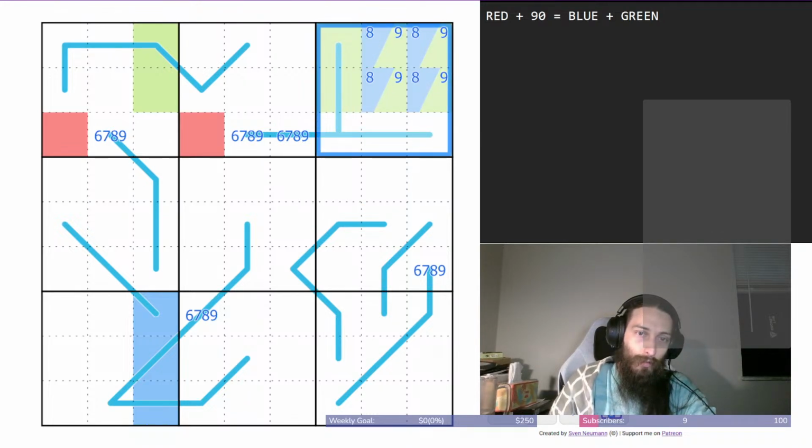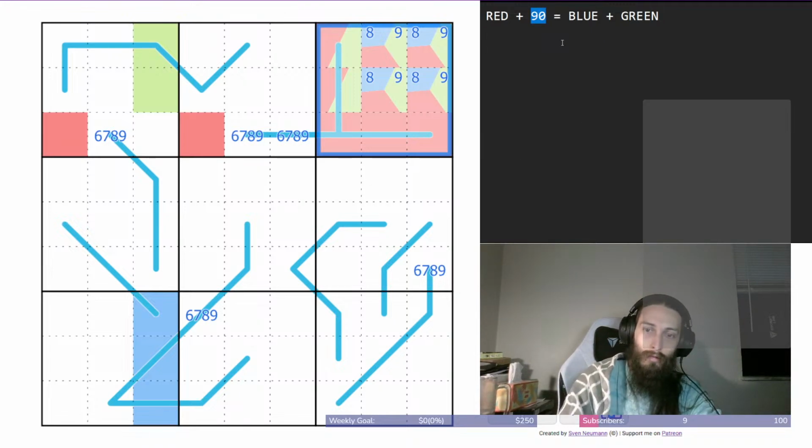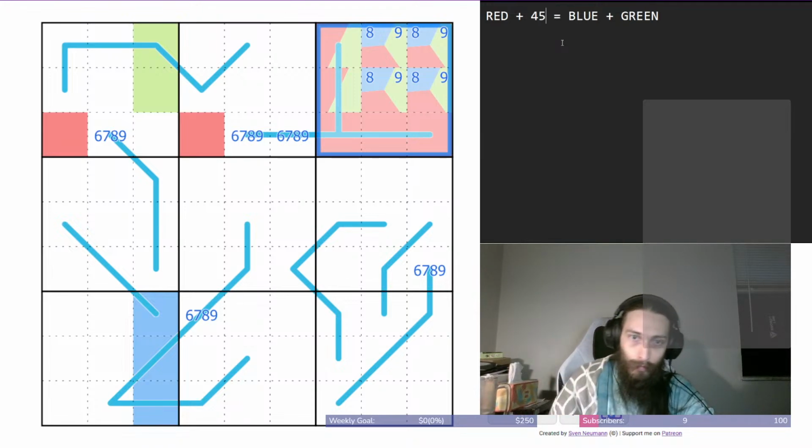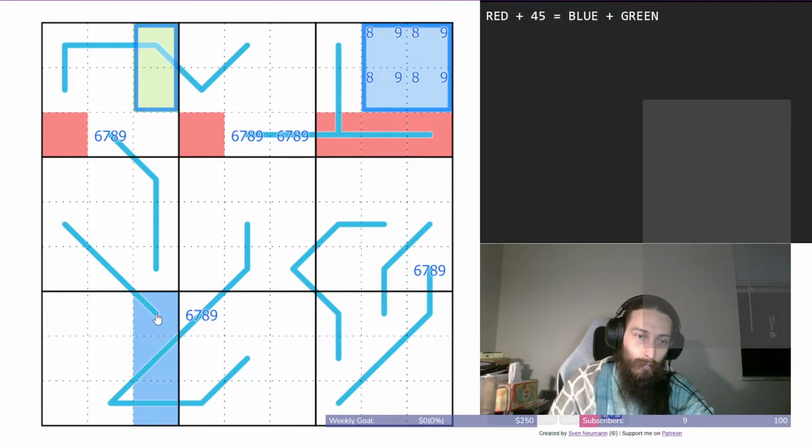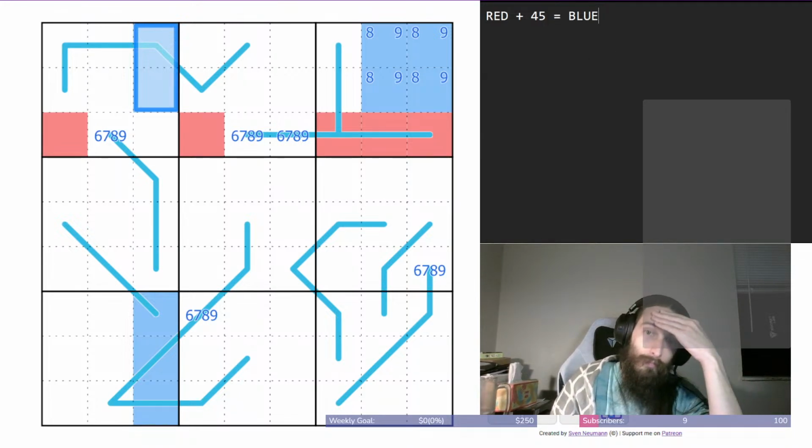If I add all of this back to red, I've added 45 to red, so this 90 becomes 45. I can take out all of the green and red from those, and that gets rid of the double counting. And now I can convert this green to blue. We get red plus 45 is equal to blue.